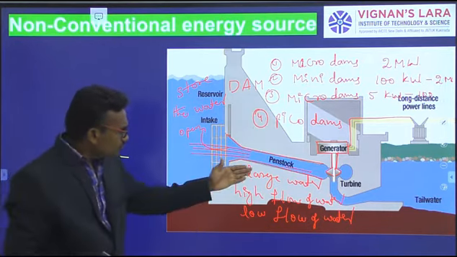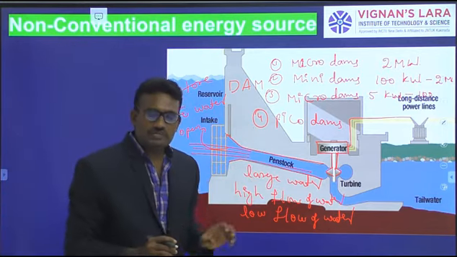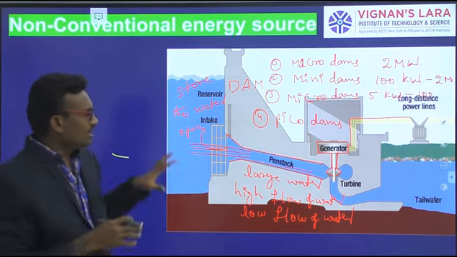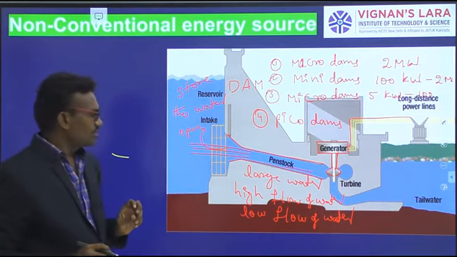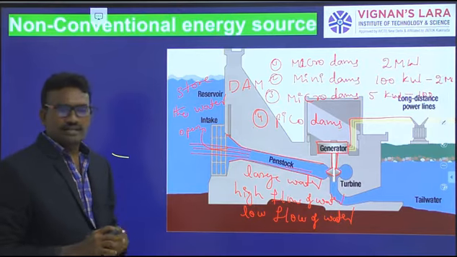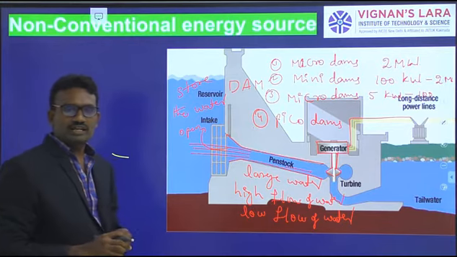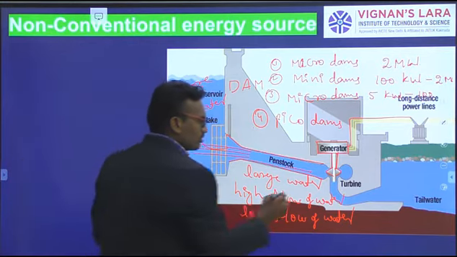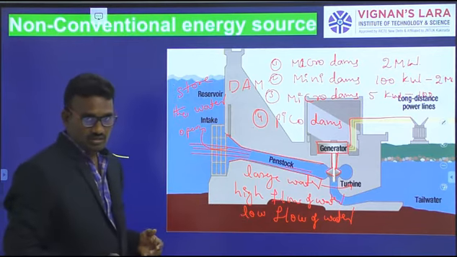Based on the flow of water, different types of turbines are used in a hydropower plant.